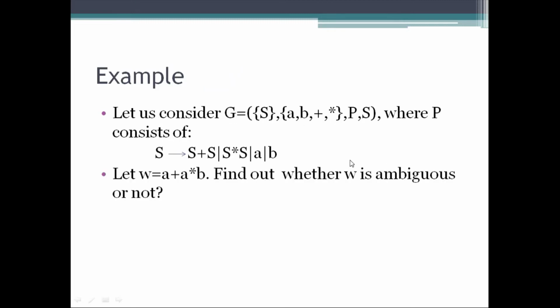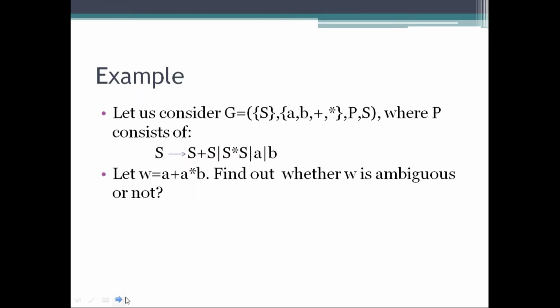So let us see an example. All of you have a notebook with you. Just write these productions. S is rewritten as S plus S, or S is rewritten as S asterisk S. S is rewritten as A, or S is rewritten as B. These are the production rules. The grammar consists of four tuples: S, A, B, plus, star.